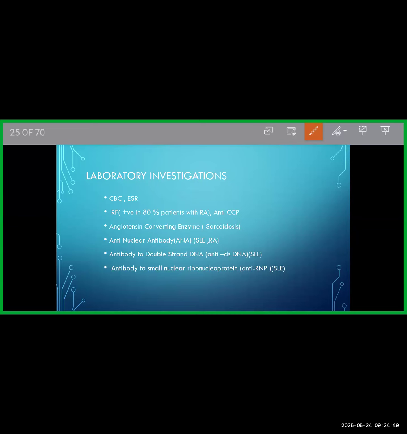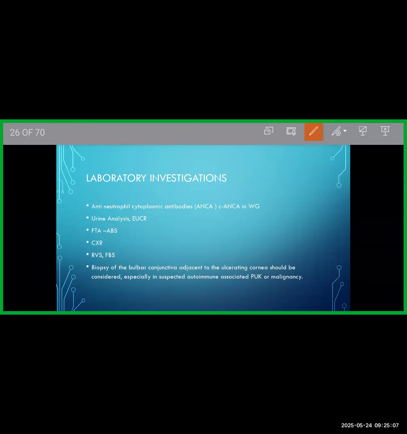We have anti-nuclear antibodies, that is ANA, for SLE and rheumatoid arthritis. Antibody to double-stranded DNA for SLE. There are antibodies to small fragment ribonucleoprotein, that is anti-RNP, for SLE.